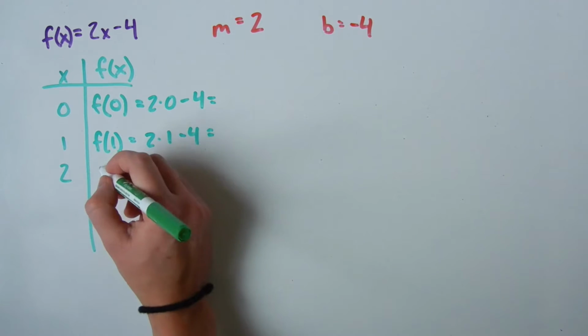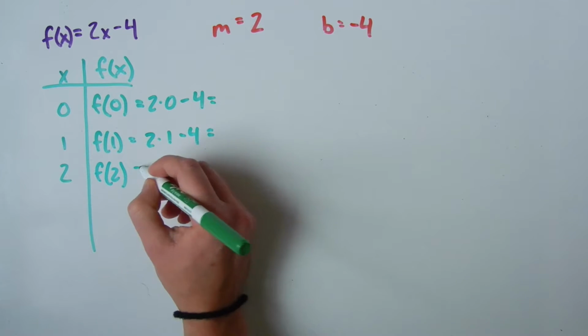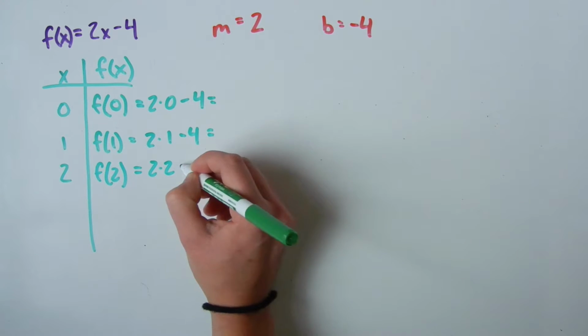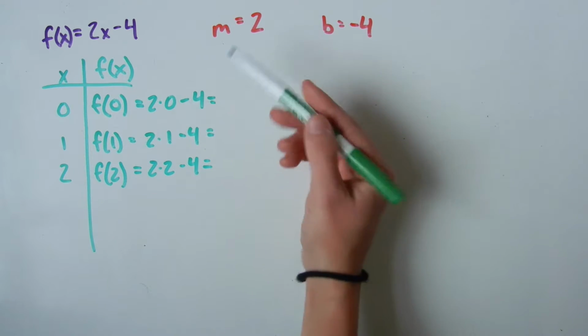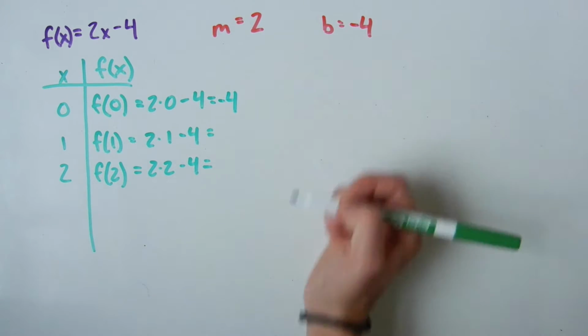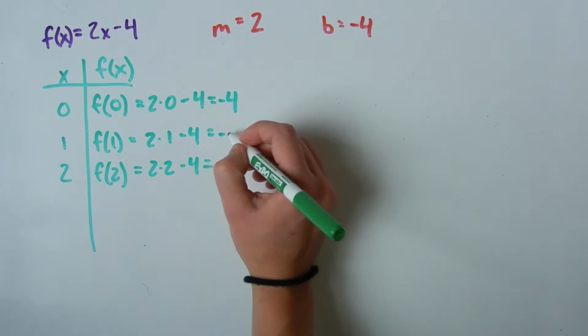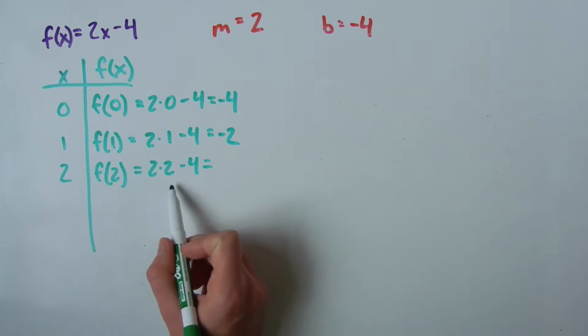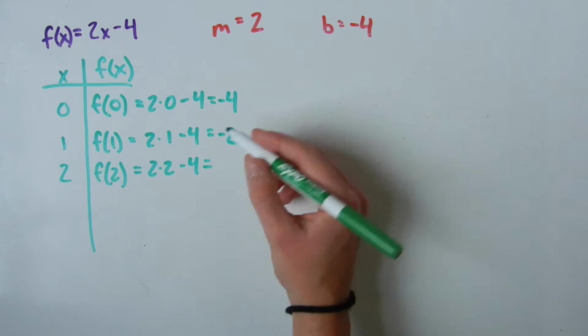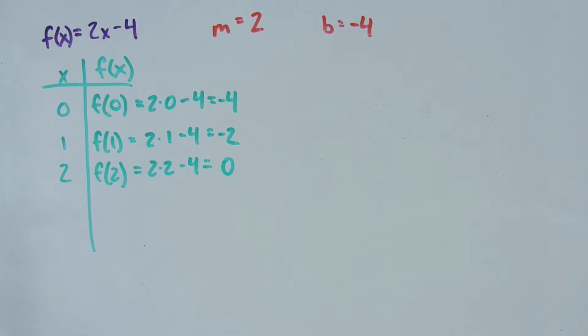When x is 2, f of 2 is equal to 2 times 2 minus 4. 2 times 0 minus 4 gives us negative 4. 2 times 1 minus 4 gives us negative 2. And 2 times 2, which is 4, minus 4 gives us 0.